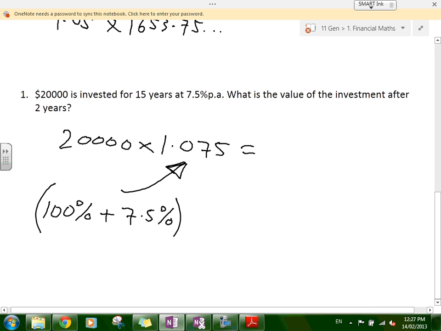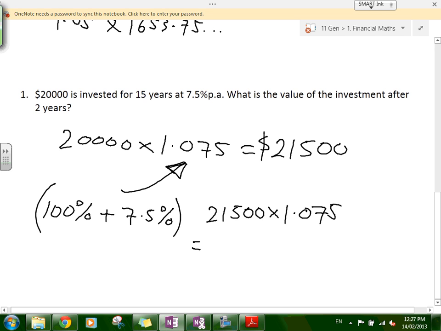21,500. Then the second one is 21,500 times 1.075.